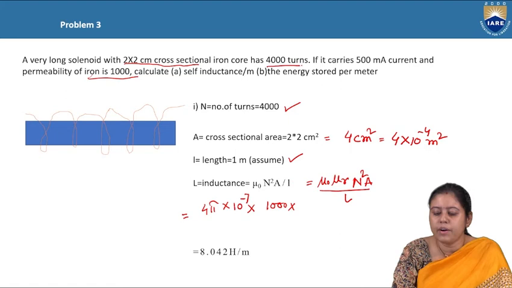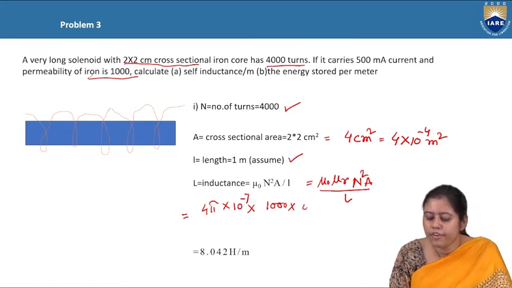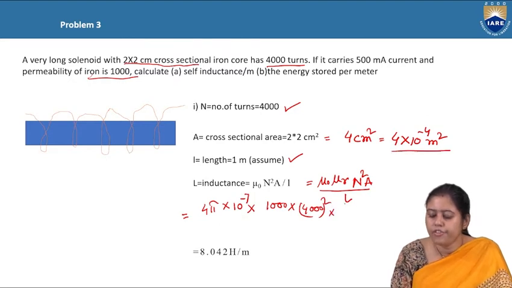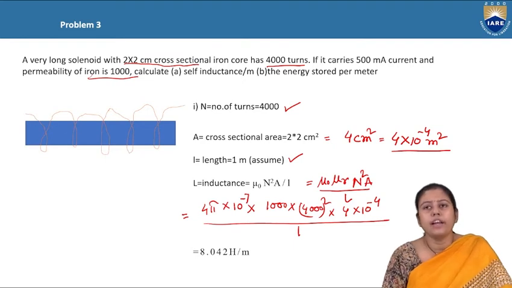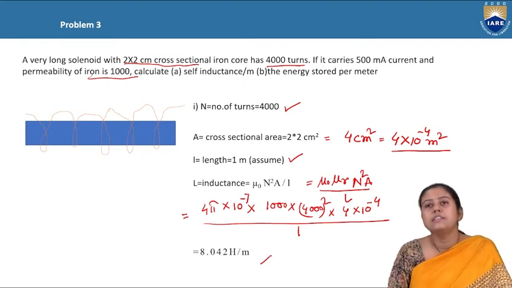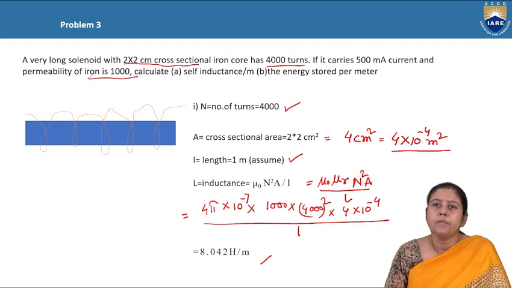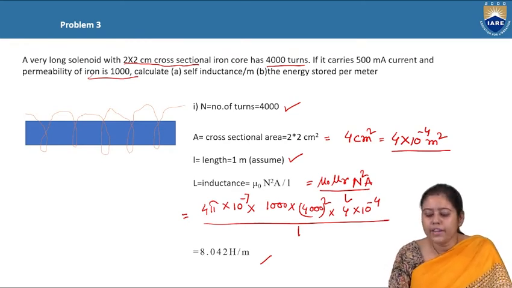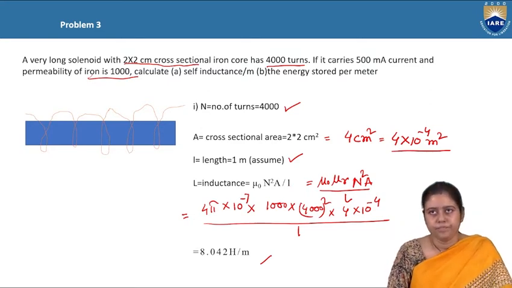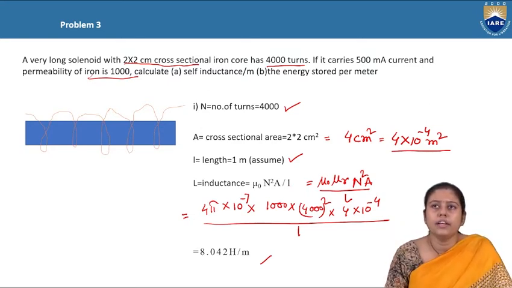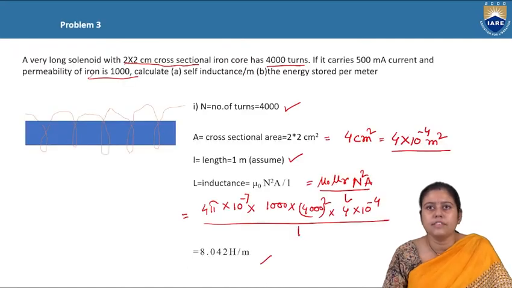N is the number of turns, given as 4000 square, and A is 4 into 10 to the power minus 4 divided by length, which is not given, means it is 1. And after solving this, we are getting the value 8.042 Henry per meter. So why is it per meter? Because we are assuming the length is 1 meter. The energy stored is per meter. So this is the second part.